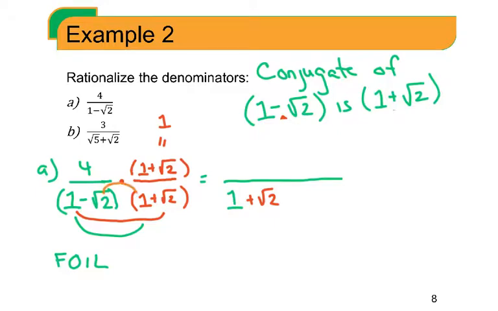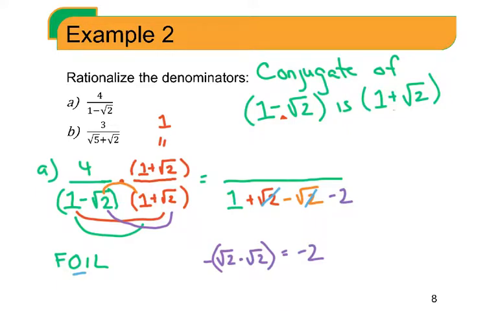Inner would be minus the square root of 2. And last is going to be, let's do it down here, minus square root of 2 times square root of 2. What do you think that's going to be? Well, square root of 2 times the square root of 2 is 2, so this is minus 2. Now, what is nice about this is the outer and inner terms canceled each other out.